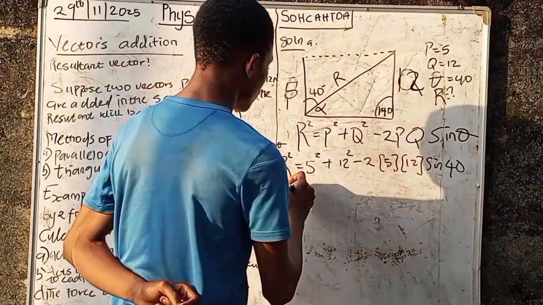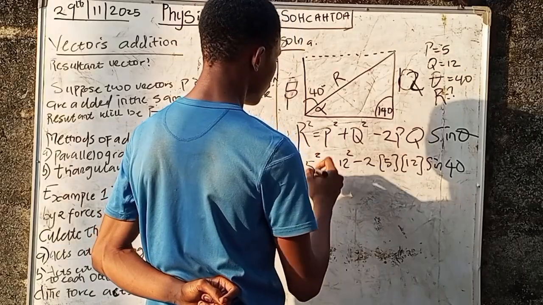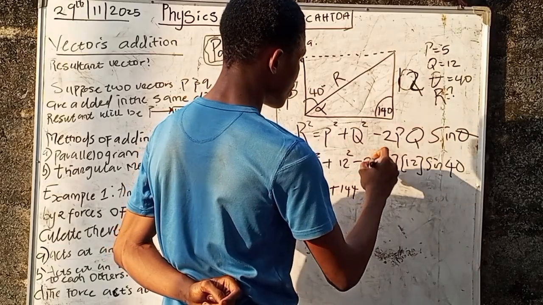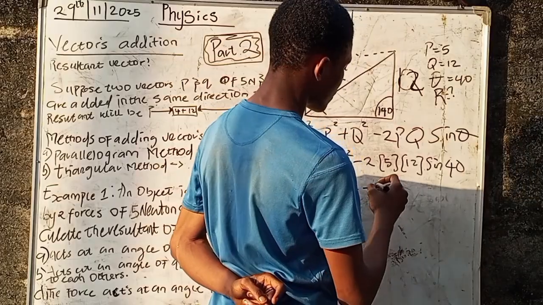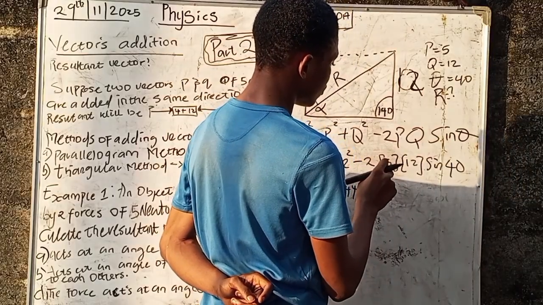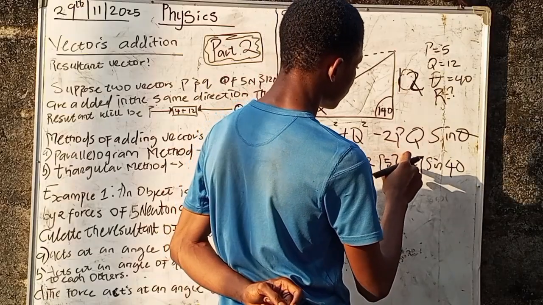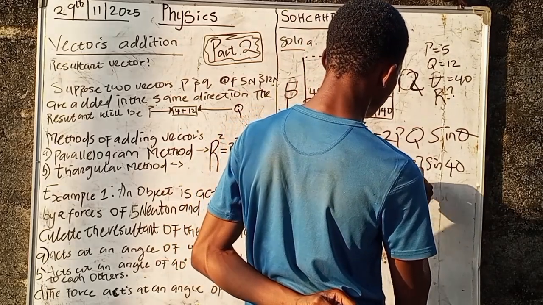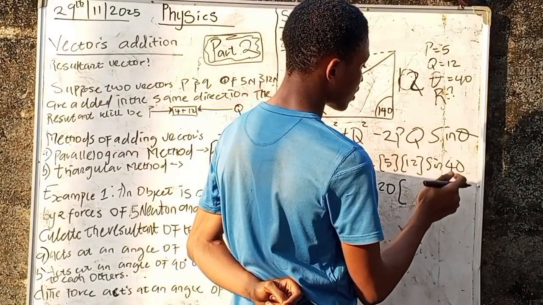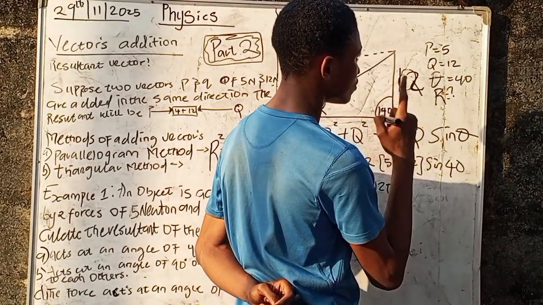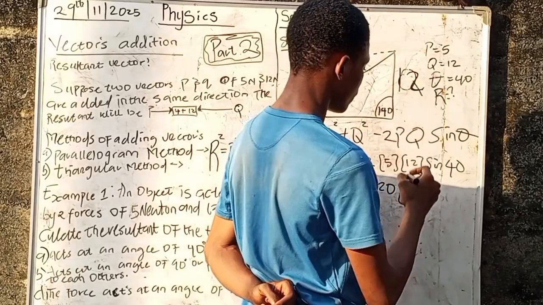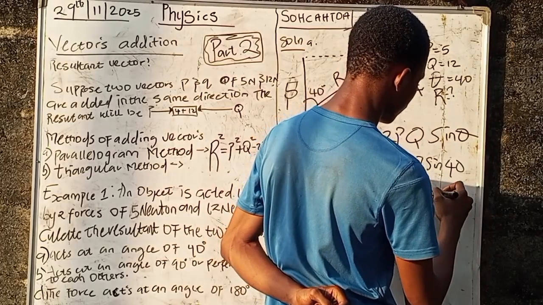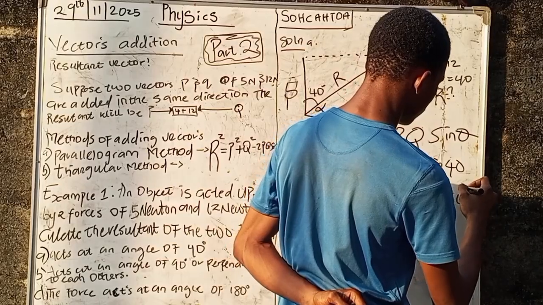So we have R square equals 5 square is 25 plus 12 square is 144 minus 2 times 5 will give us minus 10. Minus 10 times 12 will give us minus 120 open bracket sine 40, that is 0.7660.